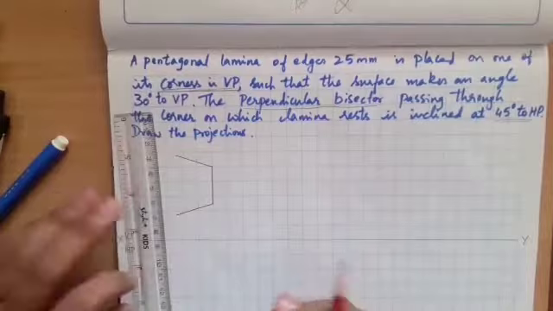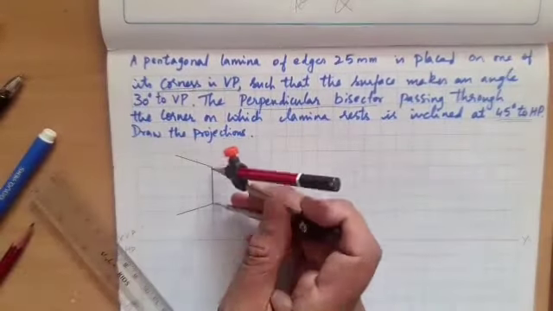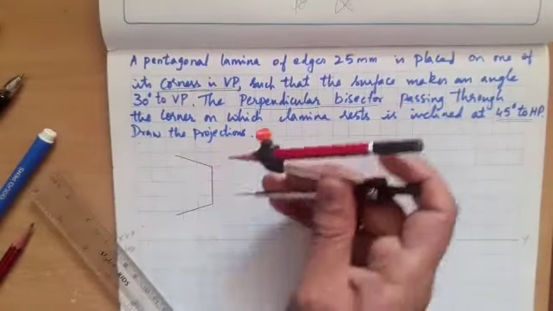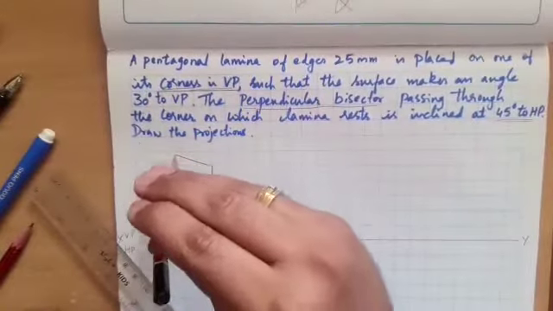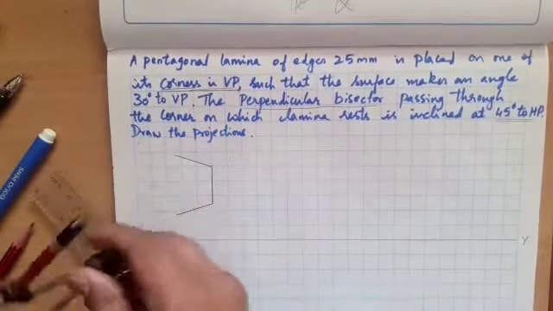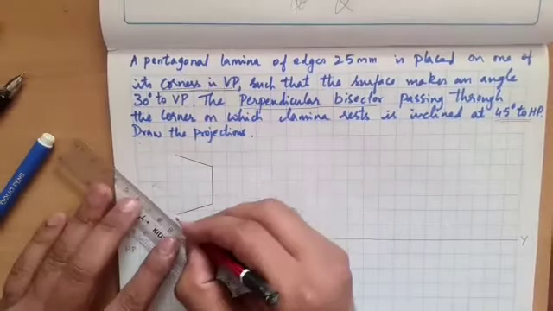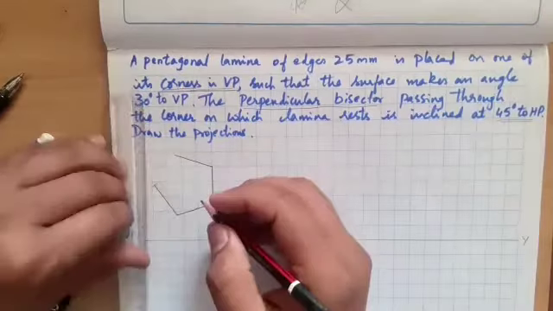Then your construction of the pentagon will be right. Then take the compass. I'll take the measurement of 25 mm. From here, I'm going to draw an arc. And from here also, I'm going to draw an arc and join it. Pentagon construction will be finished.